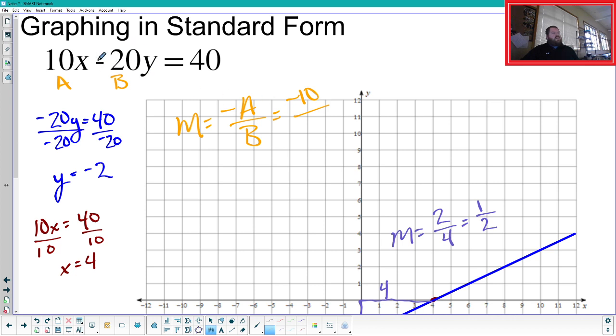And B is not just 20, it includes that sign, it's negative 20. And negative 10 divided by negative 20 is going to just be 1/2 or 0.5, which is the same thing that we get right here. So it does work out. Now again, that's just kind of an advanced tool. You don't need to use that. As long as you can do the cover-up method, you can definitely graph your line. It's just kind of cool that you could figure out what your slope is ahead of time. And sometimes it's not that hard.